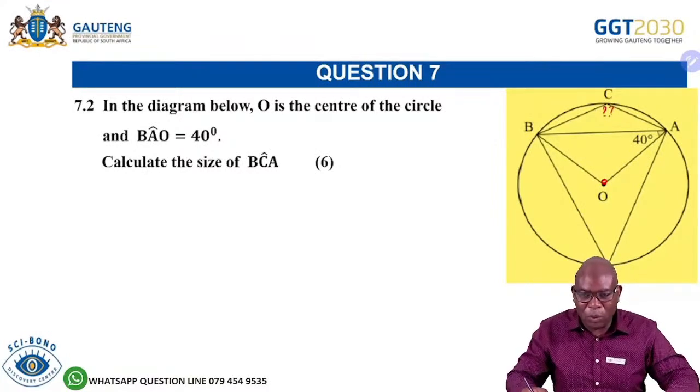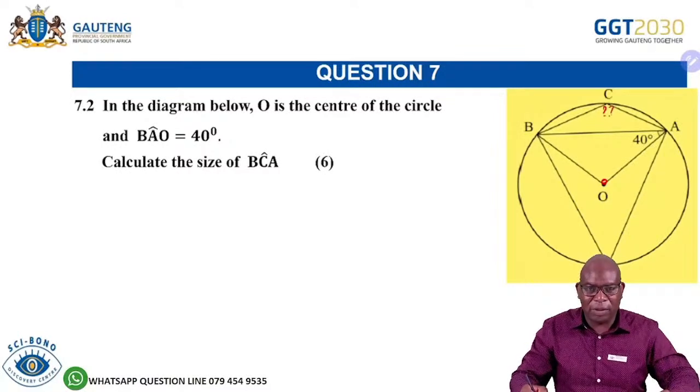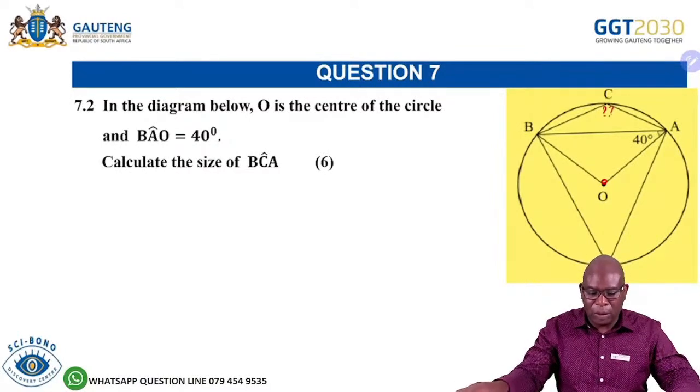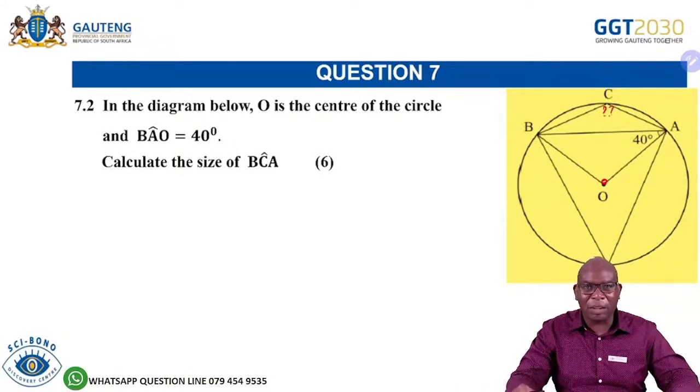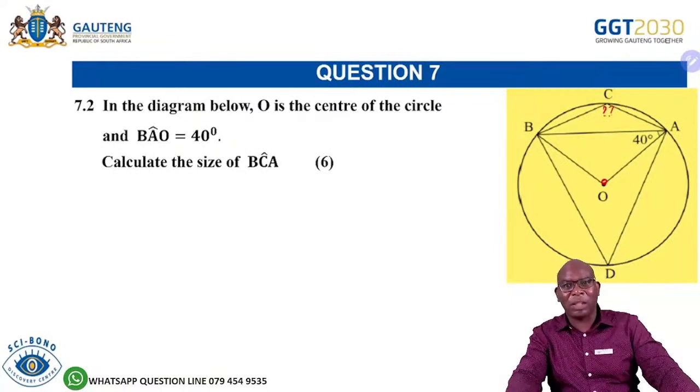I'm going to give you 3 minutes, because it's statement and reason, so 3 minutes will do for you. I'm just going to give you answers at the end, and then we'll check your answers. Your 3 minutes start now.